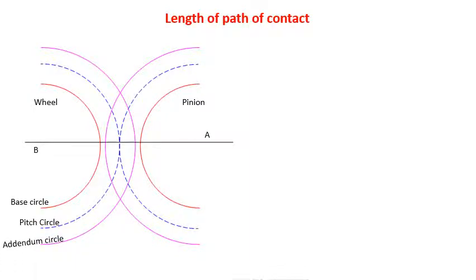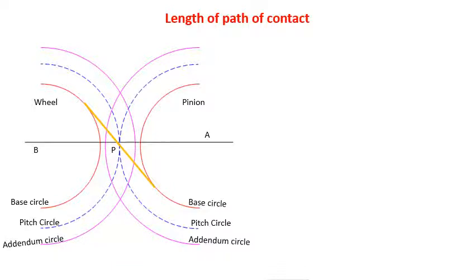And these are the base circle, pitch circle and addendum circle for the wheel. Then these are the base circle, pitch circle and addendum circle for the pinion. So wherever the pitch circle of pinion and wheel meet is nothing but the pitch point. Okay, so it is represented by capital P.